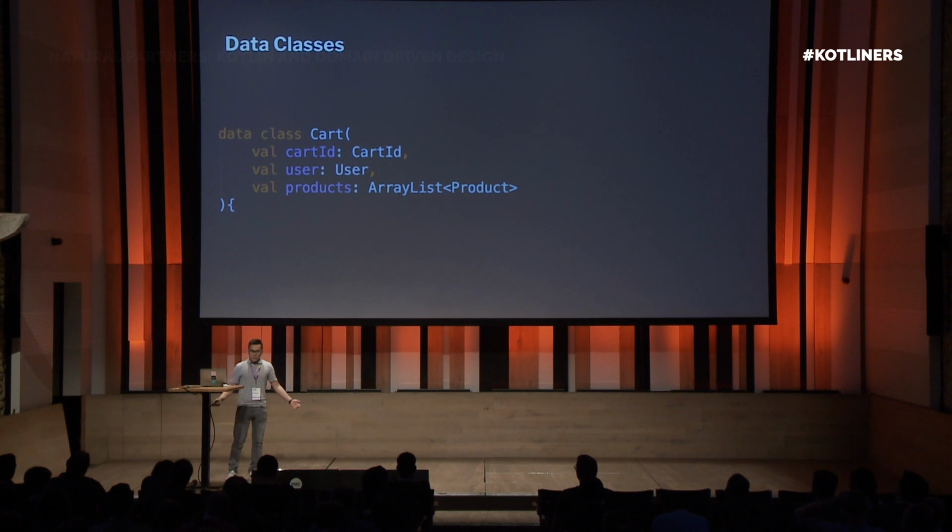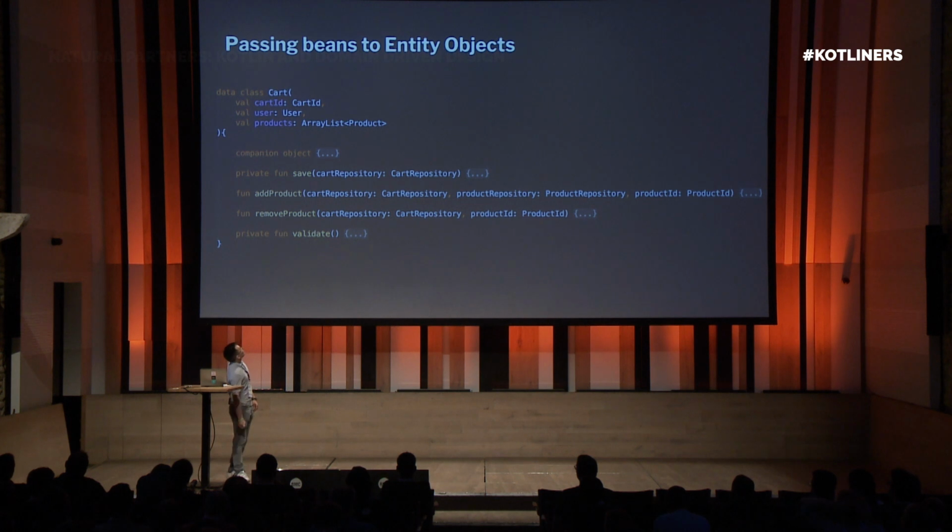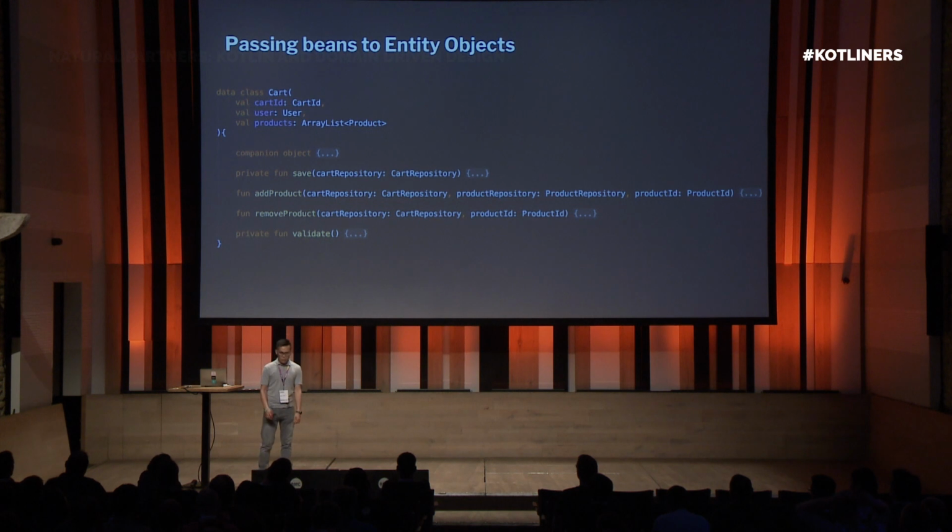One of the ideas, credit to my colleague in Barcelona, Odin Del Rio, and I really like this idea, is passing beans inside of the entity object itself. So how would it look? It's basically like this. We have 4 functions in it: save, add product, remove product, and validate.